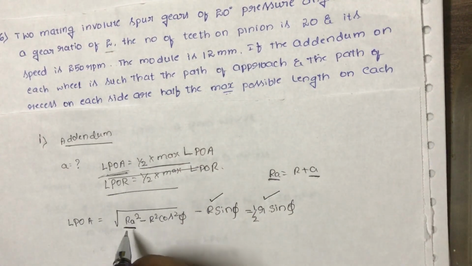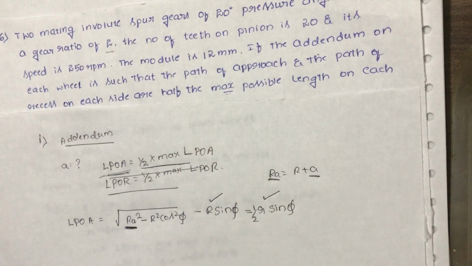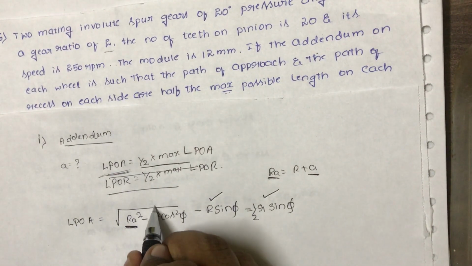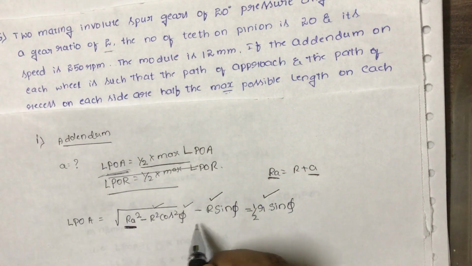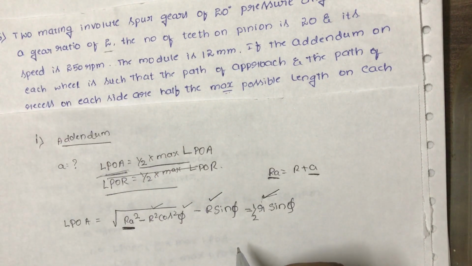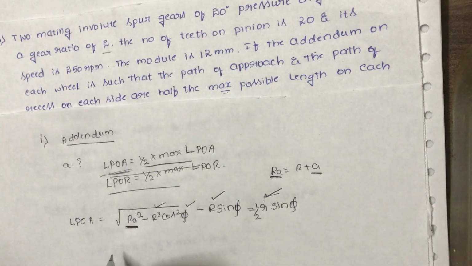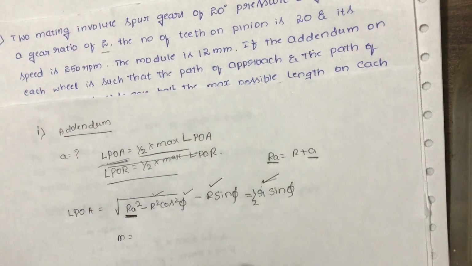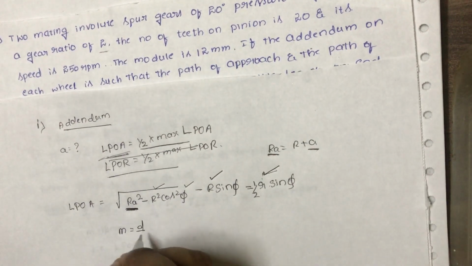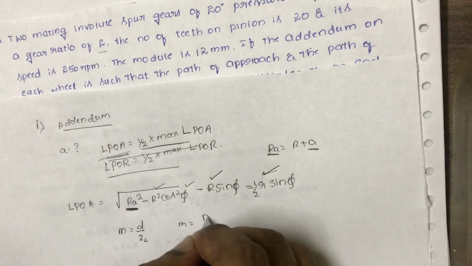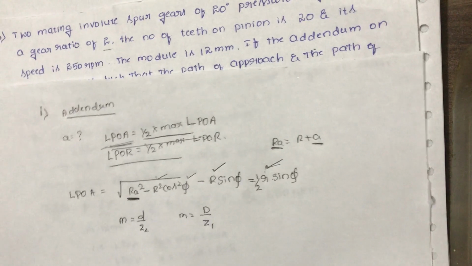So that is why we need to find RA first. Okay, to find RA, we need the information regarding capital R, phi and small r, correct? So how do you find out this? With the help of module, because we have the value for module, that is m is equal to d by z2 and m is equal to capital D by z1, correct?